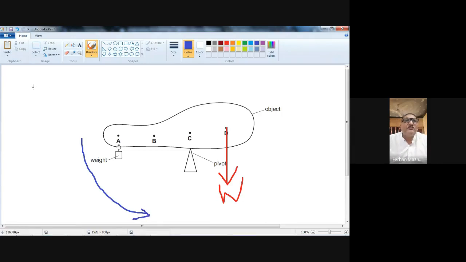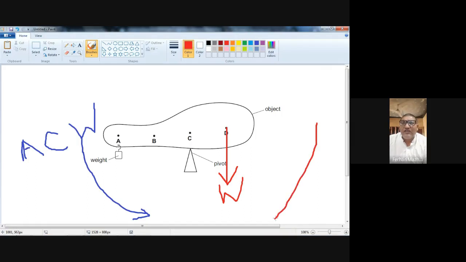So on the right side, there must be some force which is trying to produce a clockwise moment, and it has balanced it. So I think the center of gravity should be here at D.